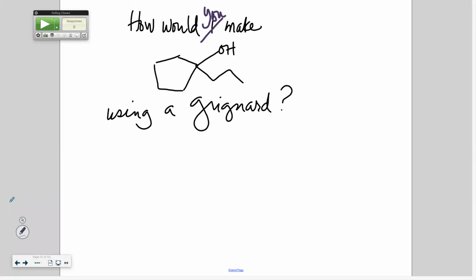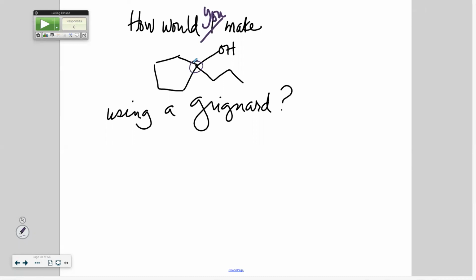Remember the carbon that the OH is attached to. What does that tell you? What is this carbon? What does that have to be? The carbon of the what? Carbonyl.